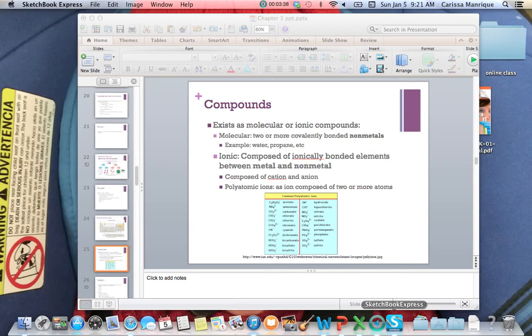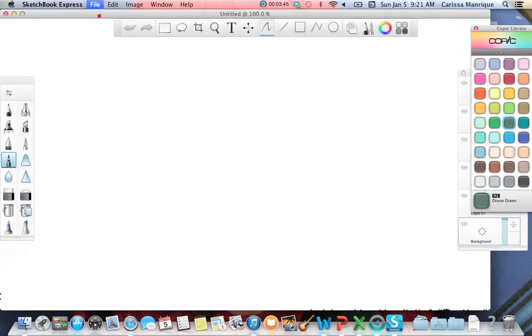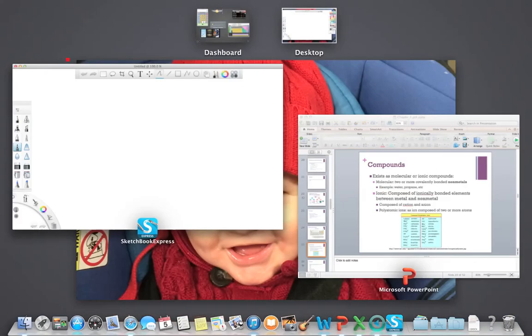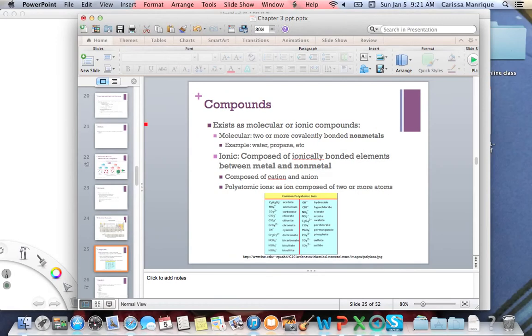So as this is pulling up, what we want to do is classify each one as either elemental molecular, compound molecular, compound ionic, or elemental atomic. Okay, so let's look at these.